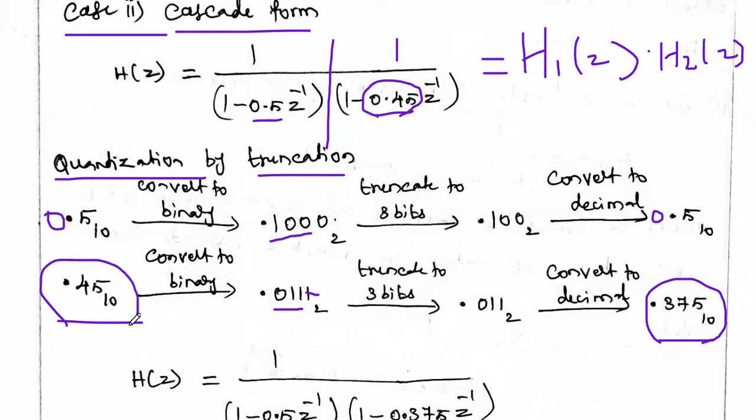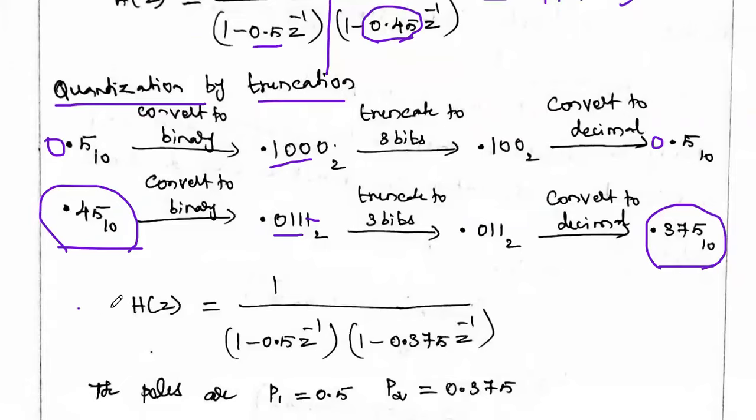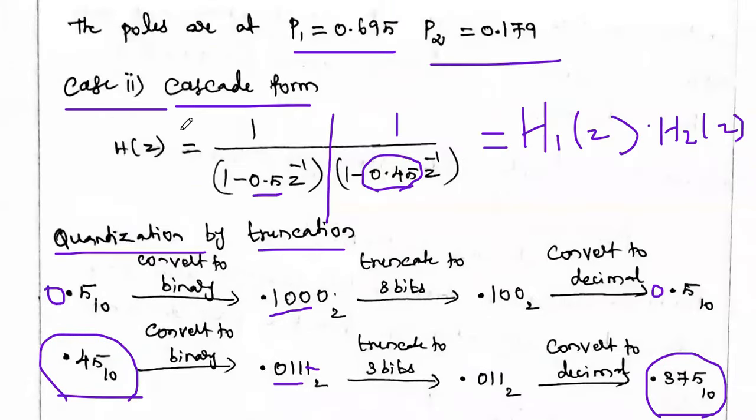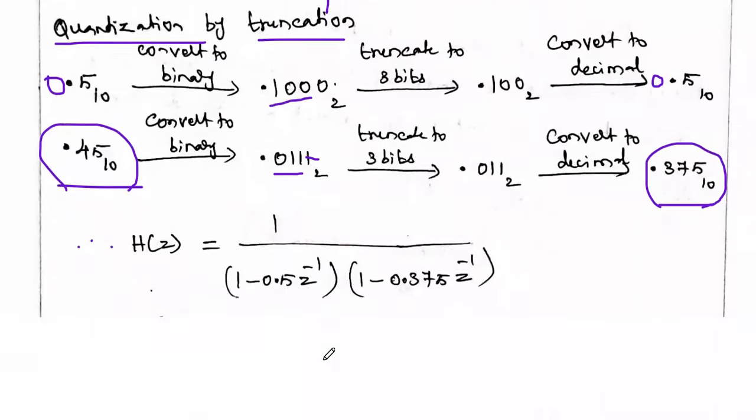The first filter coefficient 0.5 is not changed, it is the same, but 0.45 is converted into 0.375.